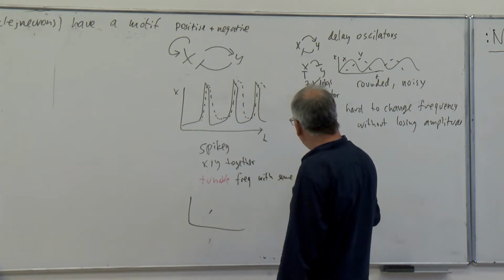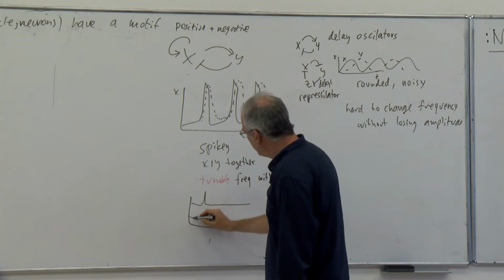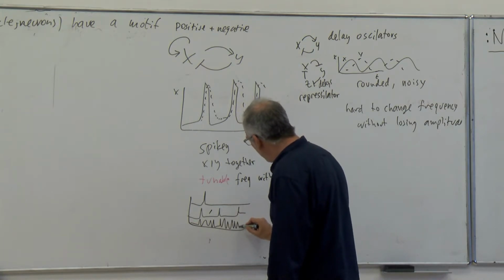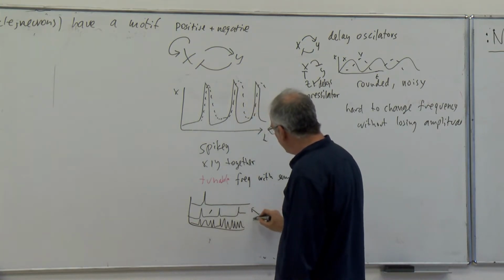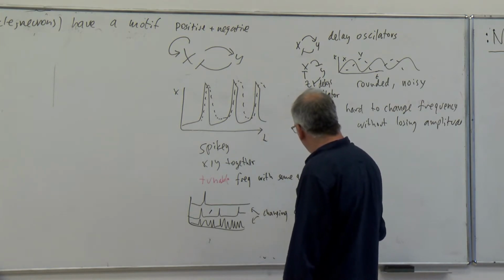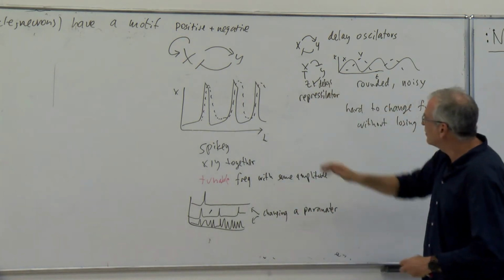So you can change a parameter and go from this to this to this by changing a parameter. So it has a kind of a different feel. Now, these are two extreme cases.